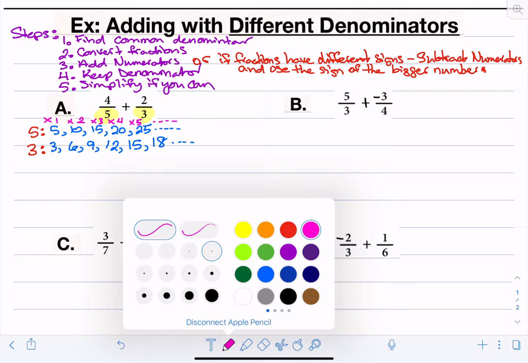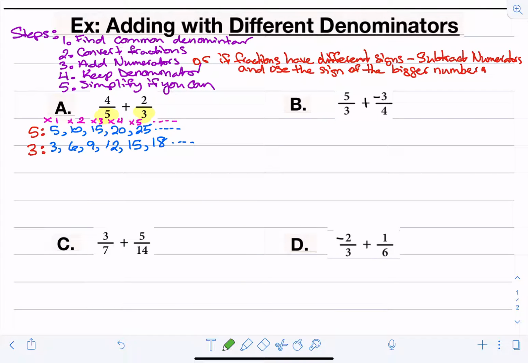So, having said that, what do we mean by the least common multiple? Well, the smallest number that they both go into. So, we start off with 5, 3, different numbers. Okay, 10, 6. Nope, 5 doesn't go into 6, 3 doesn't go into 10. 15 and 9. 5 goes into 15.